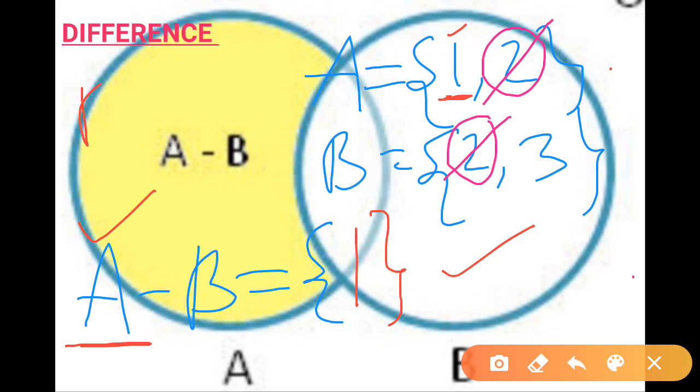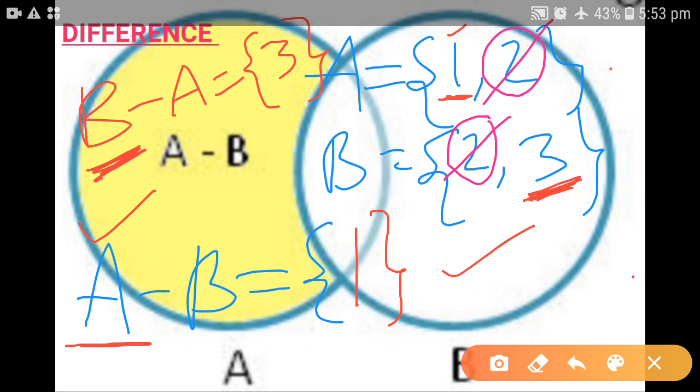Otherwise, if we ask B minus A, the first set is B, so after cutting the common elements you write only the remaining elements of B, that is 3.